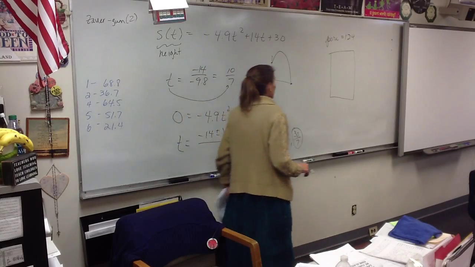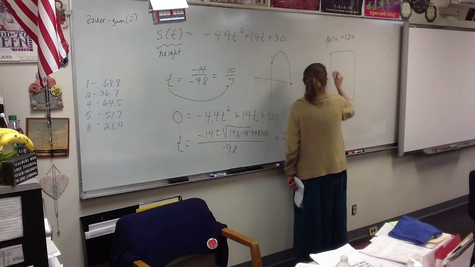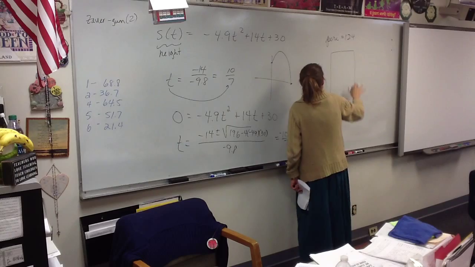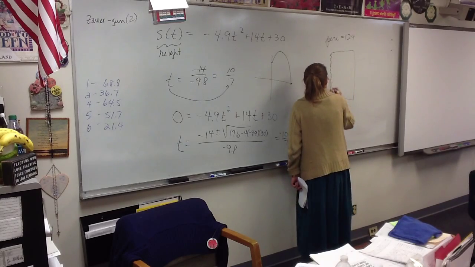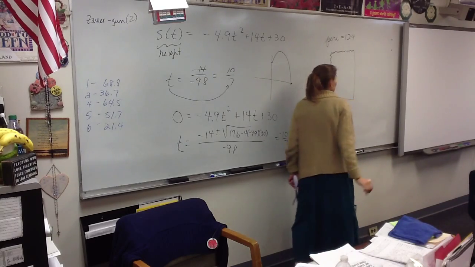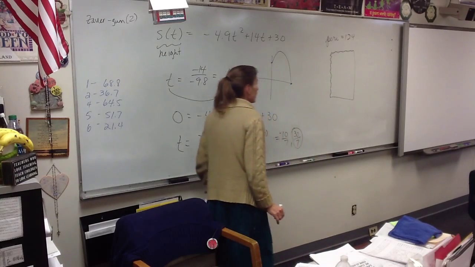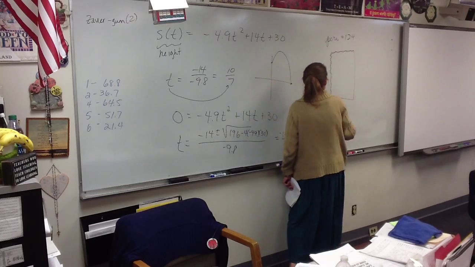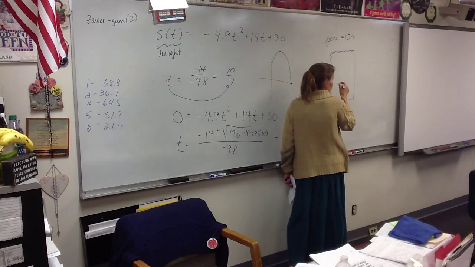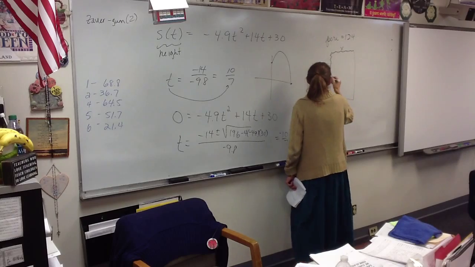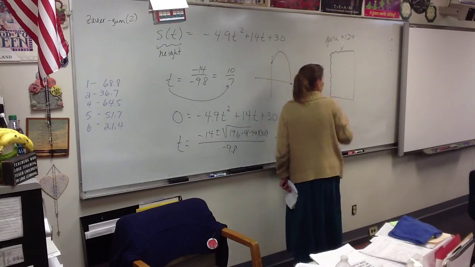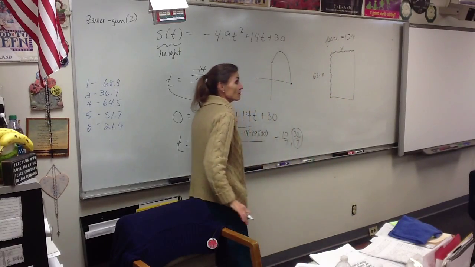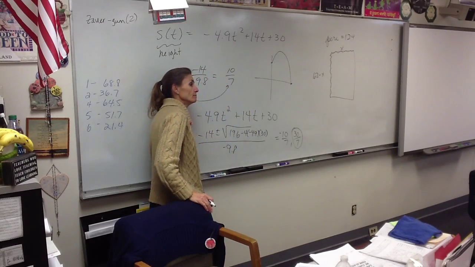I don't know either one of these two dimensions, but if the perimeter is 124, what do the two squiggly ones add up to? Those two together make 62. So if this one's x, this one would be 62 minus x, because together they make 62. So if one of them was 10, the other one would be 52, 62 minus 10.